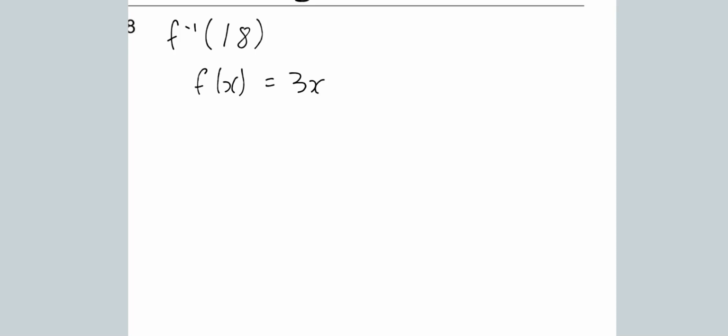Now, remember that the inverse maps the output of f to the input of f. It swaps it over. So what we could do instead is say, let 3x equal 18, the output, therefore x is equal to 6, therefore f⁻¹(18) is equal to 6.